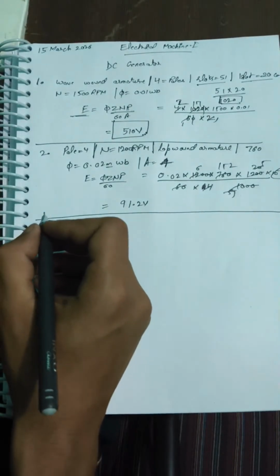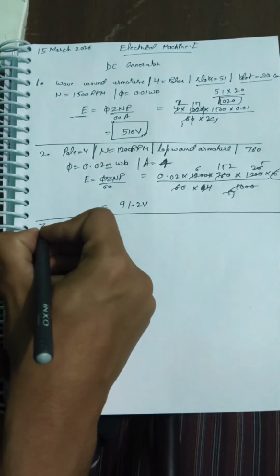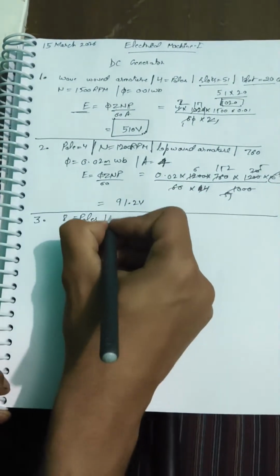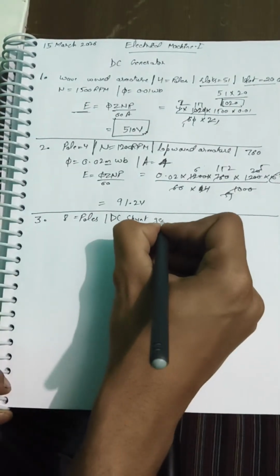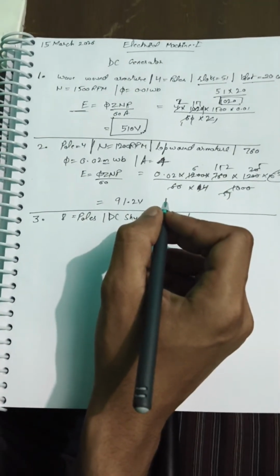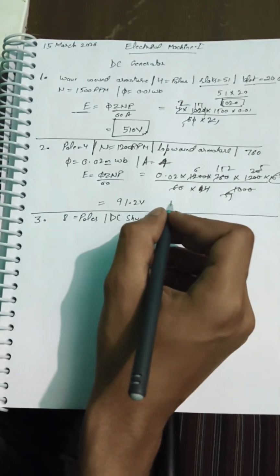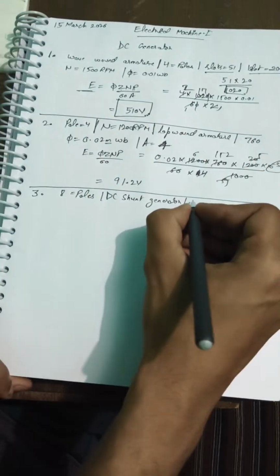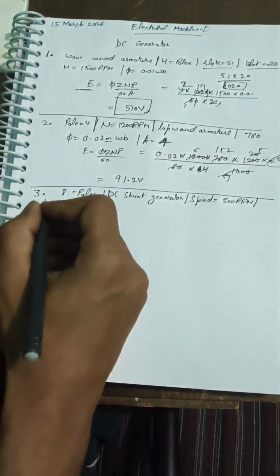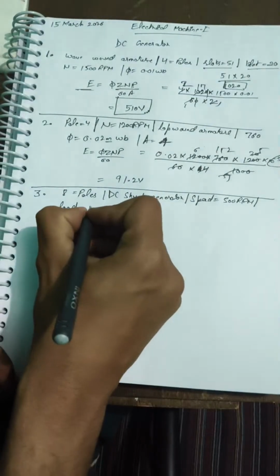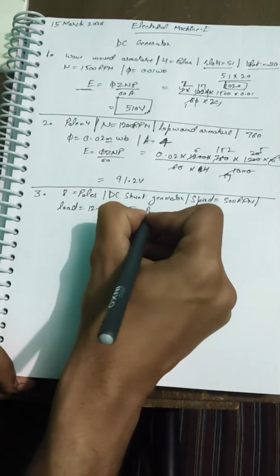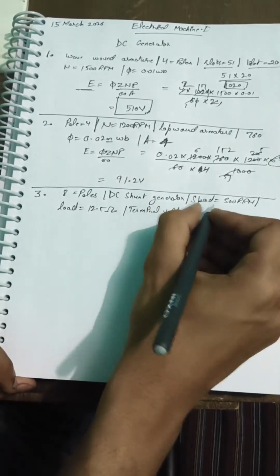Here a DC shunt generator has 8 poles, running at a speed of 500 rpm. A load of 12.5 ohm is connected to the generator, and the terminal voltage is 250 volt.